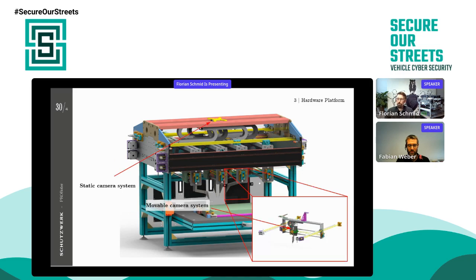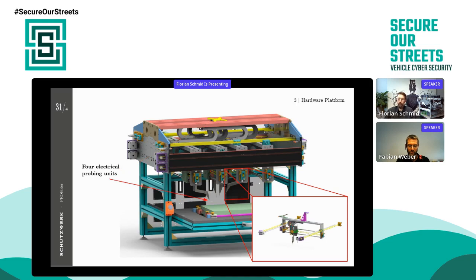For the components, we do have 2 types of camera systems. One static camera system from above, which is supposed to give us a big overview of the PCB under test, and additionally also a movable camera system, which is connected to the probe to be able to take pictures with a more detailed focus.